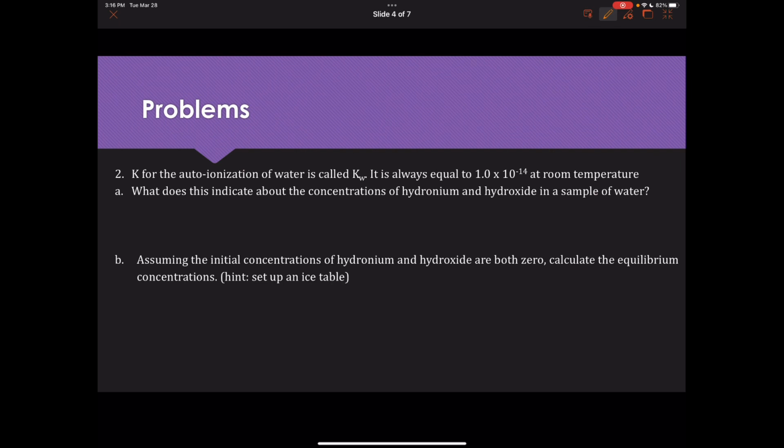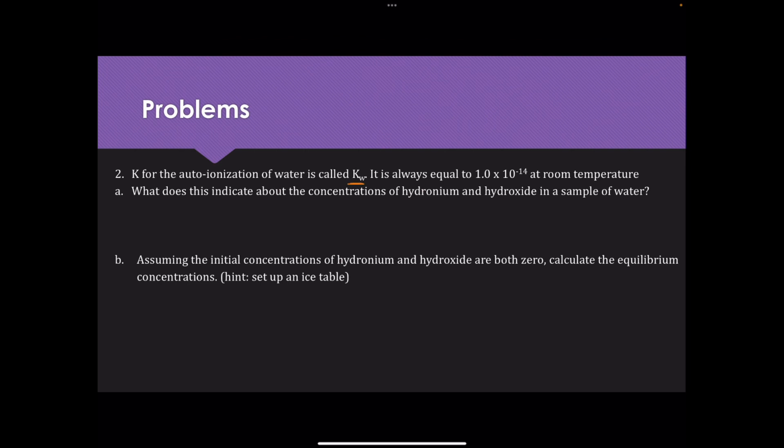So K for the autoionization of water is called Kw. It is always equal to 1 times 10 to the negative 14th at room temperature. Remember that K, no matter what kind, so we've got a different subscript here. We've got a Kw rather than a Kc or a Kp, but it always indicates the same thing. It's indicating the extent of our reaction.